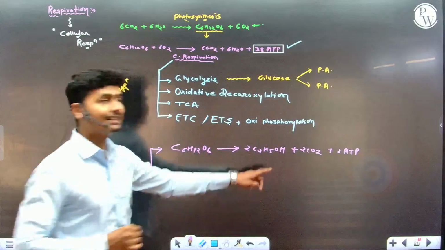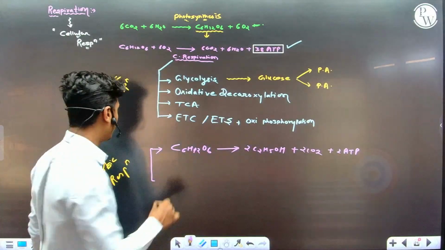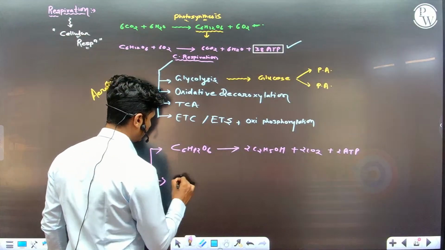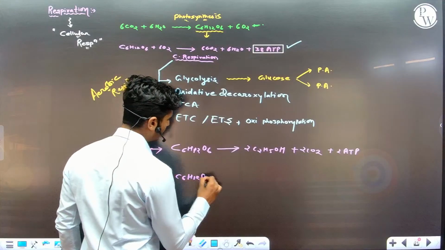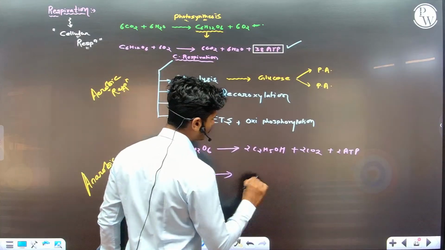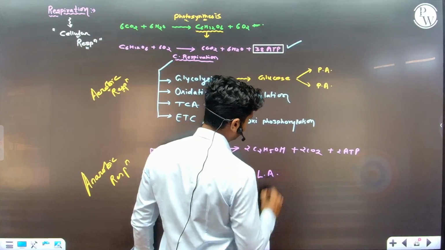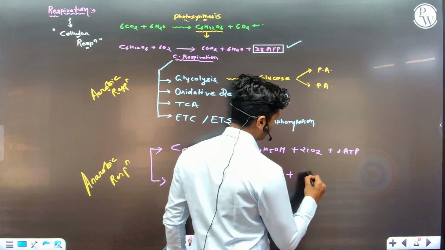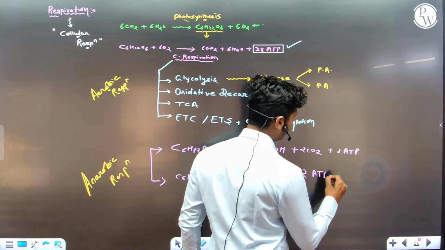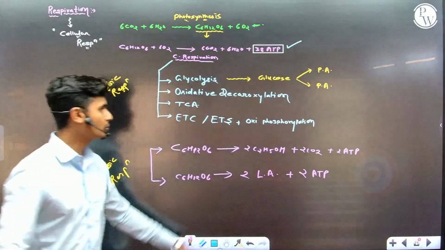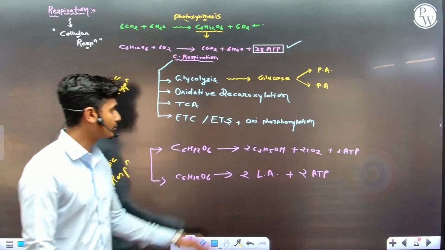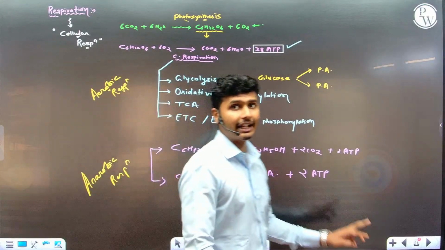This is known as alcoholic fermentation. Alcohol is formed. Second, C6H12O6 in the absence of oxygen gives you 2 lactic acid molecules plus 2 molecules of ATP. This is known as lactic acid fermentation.